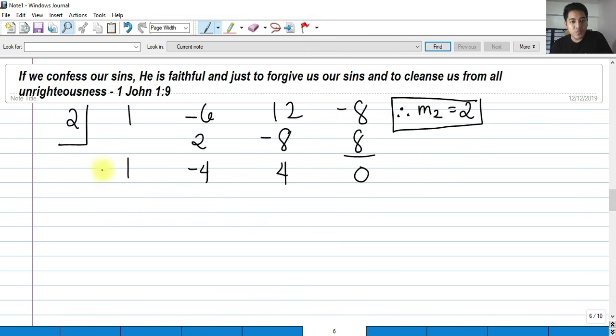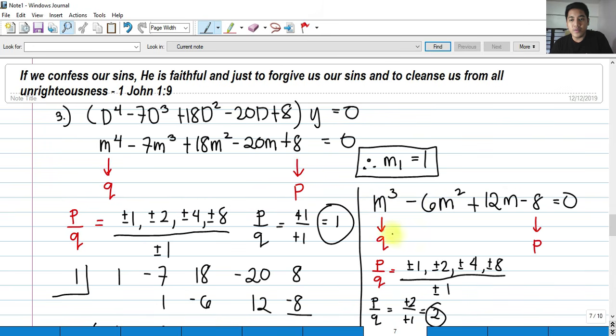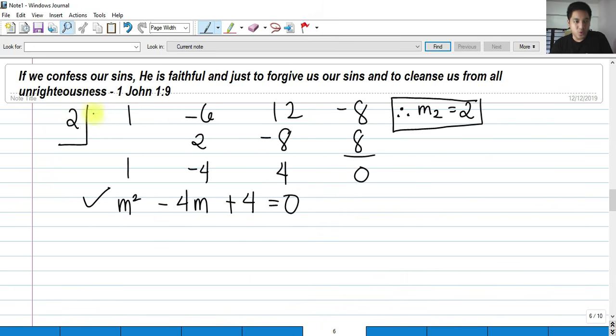And again, since we have already divided this by another root, this should become the coefficient of m squared, this should be the coefficient of the m, and this will now be our new constant. So we have reduced the given auxiliary equation by dividing this equation by its root 2.